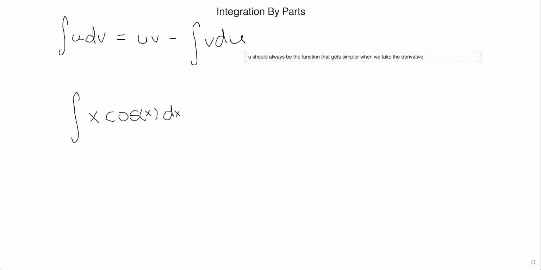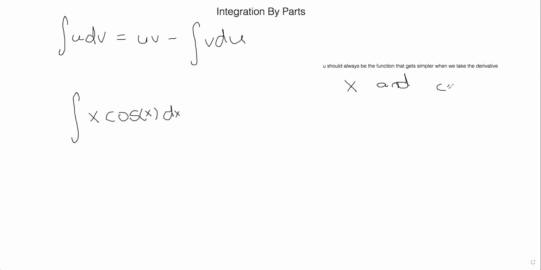So we have two choices for u. If we look at this problem, we have an x and we have a cosine of x. It's going to be x. Exactly. Because when we take the derivative of x, we get 1, and the derivative of 1 is 0.